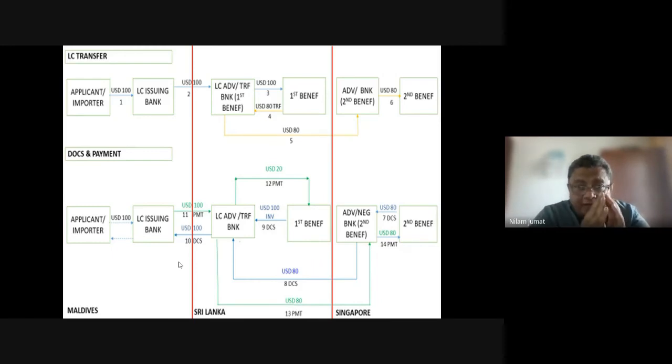There is a buyer in Maldives, then there is another person in Sri Lanka, and there is a person in Singapore. Three people: one in Maldives, one in Sri Lanka, one in Singapore. That is very simple.